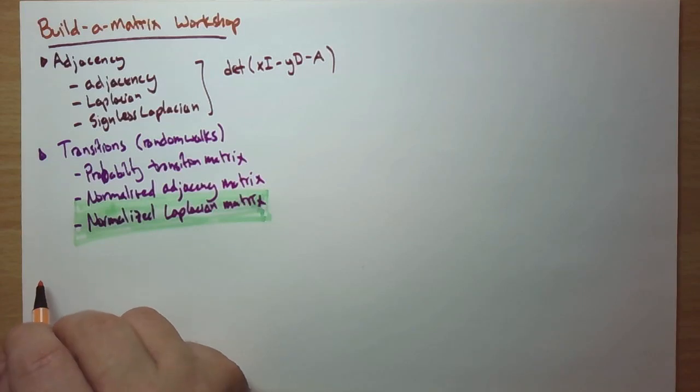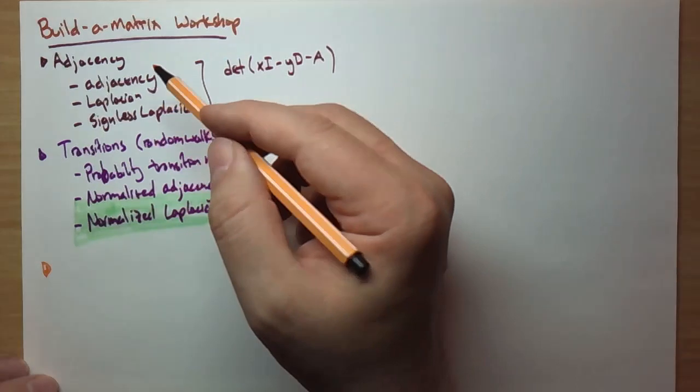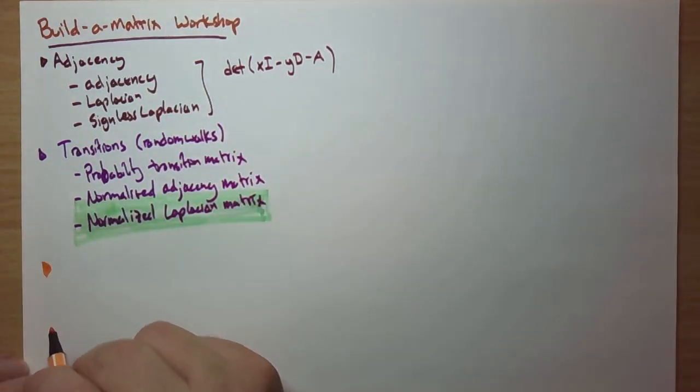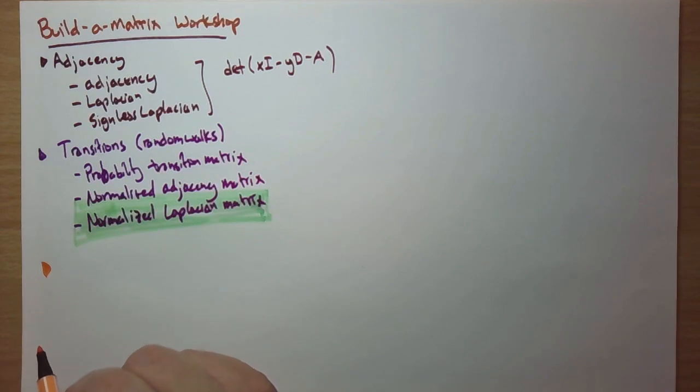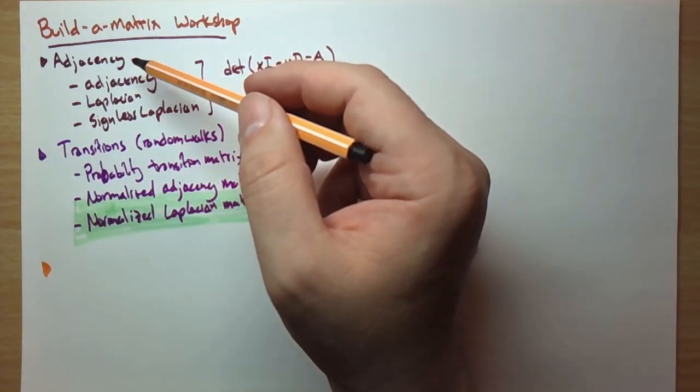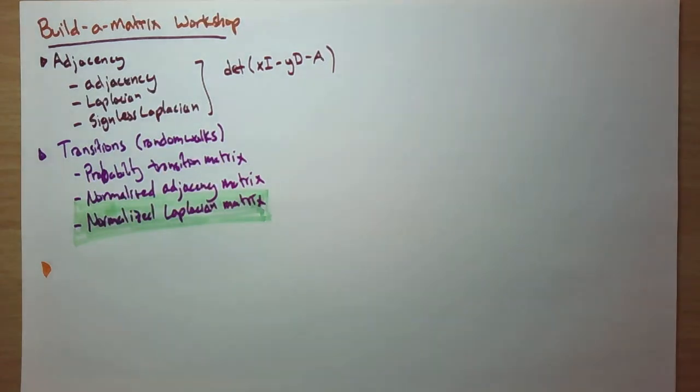Now, do you remember what the third category was? I would say that these two are the main ones. There was a third category. Think about what the goal is. We want to say, how are things connected? So adjacency is like there's an edge connecting you or there's not.